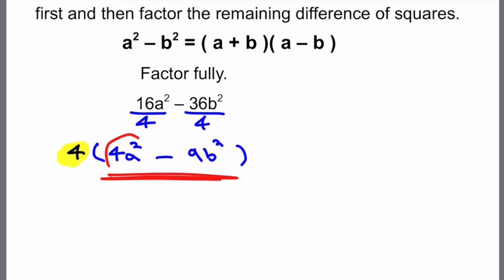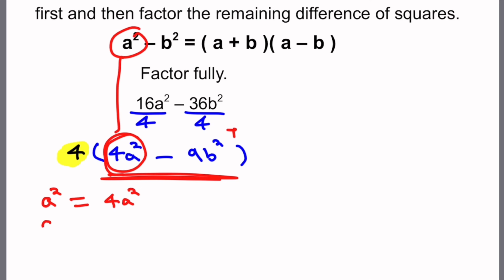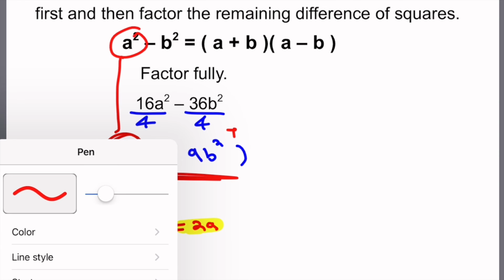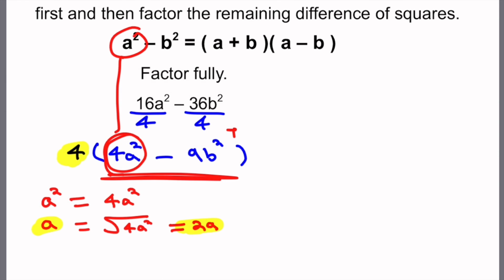So this would be equal to our a squared value, right? So a squared is equal to 4a squared. So let's square root this now to solve for a. Square root of 4 is 2, and square root of a squared is just a. So our value of a is now equal to 2a. Easy. And let's check the last one, the b squared.